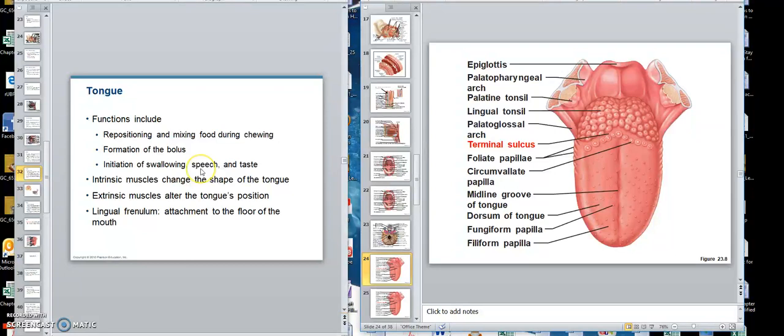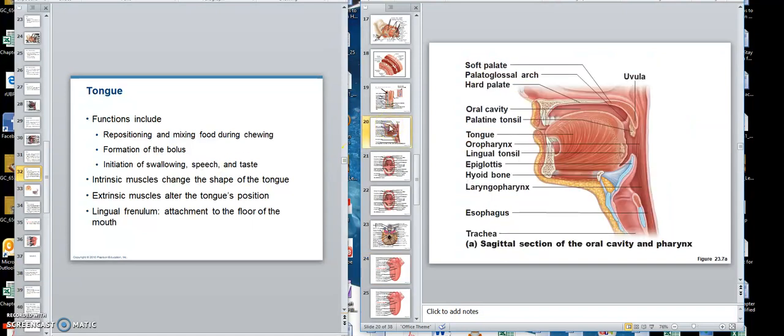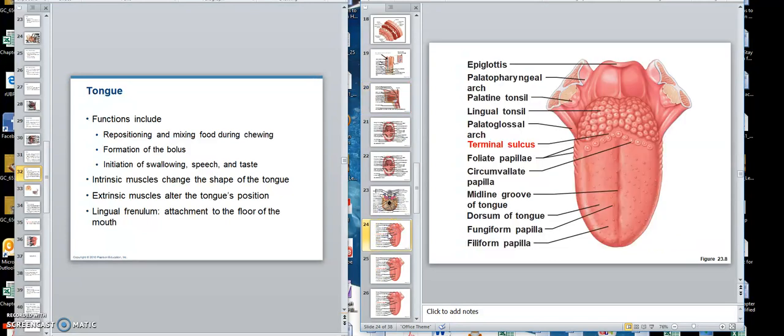We pretty much know that. Remember, swallowing is called deglutition. We talked about that a little bit in respiratory. The tongue helps with speech, right? See, we had a labial frenulum, but we also have a lingual frenulum. That lingual frenulum is hard to see here, but it is at the bottom of the tongue.